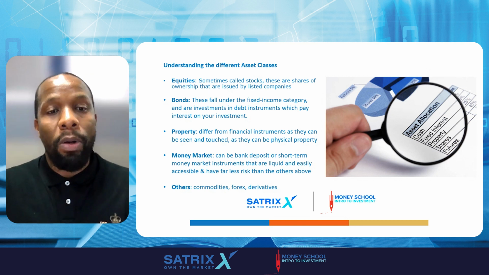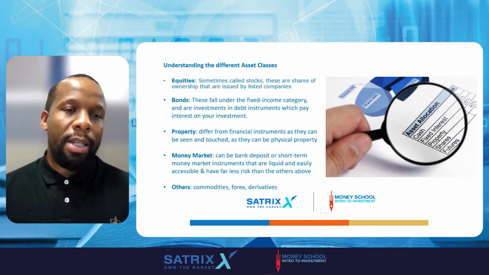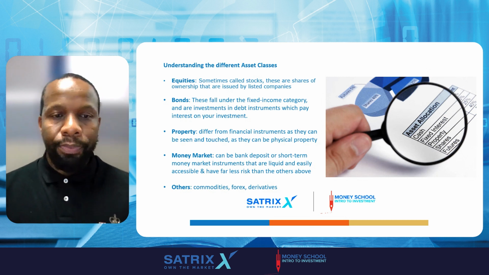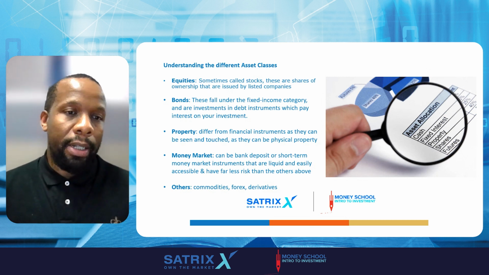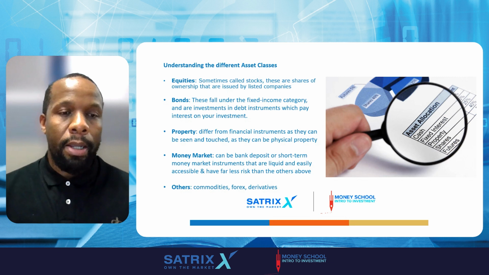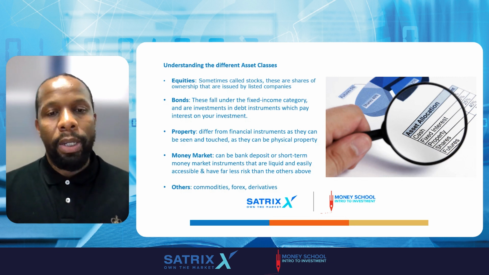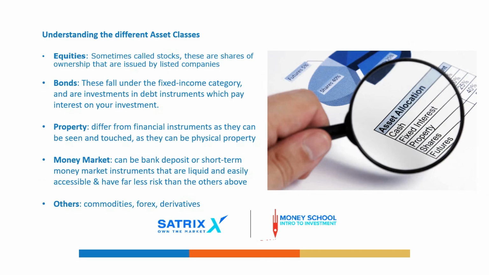So they give you more in terms of your interest. So this one is slightly less risky. It's actually the least risky of all the other asset classes, where your income is safe and also earning interest on top of it.